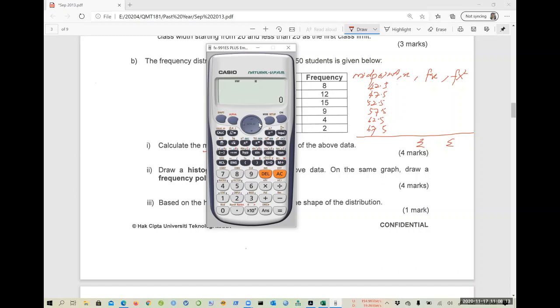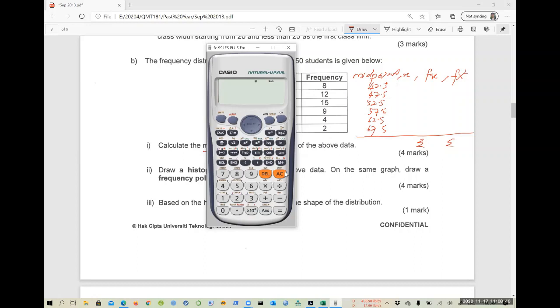All right, so let's see how we can do this. Let me just clear this one first. Here we want to perform a group data set. If you're using the ES model, what you need to do right now is to change this into statistical mode.